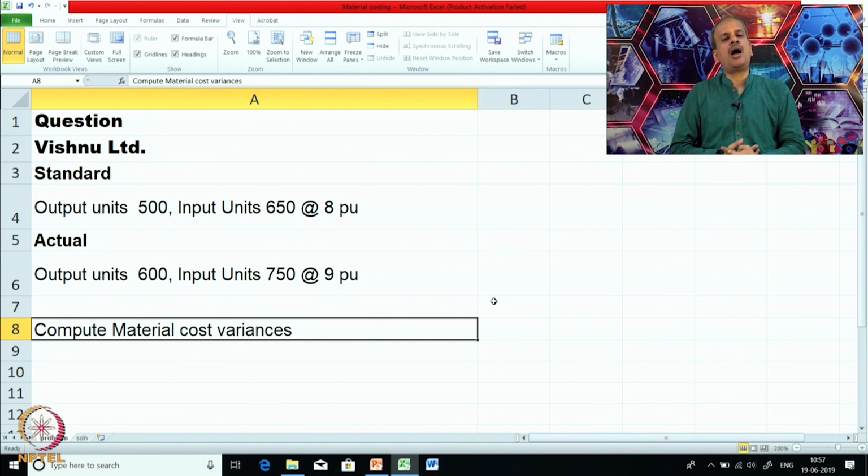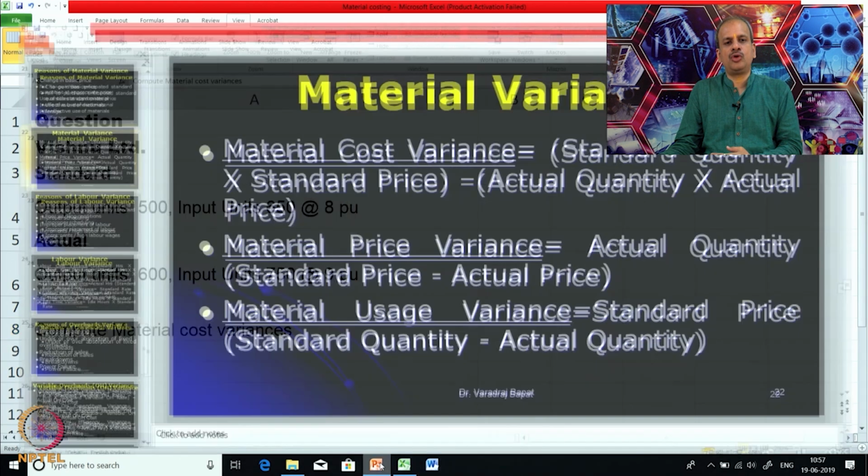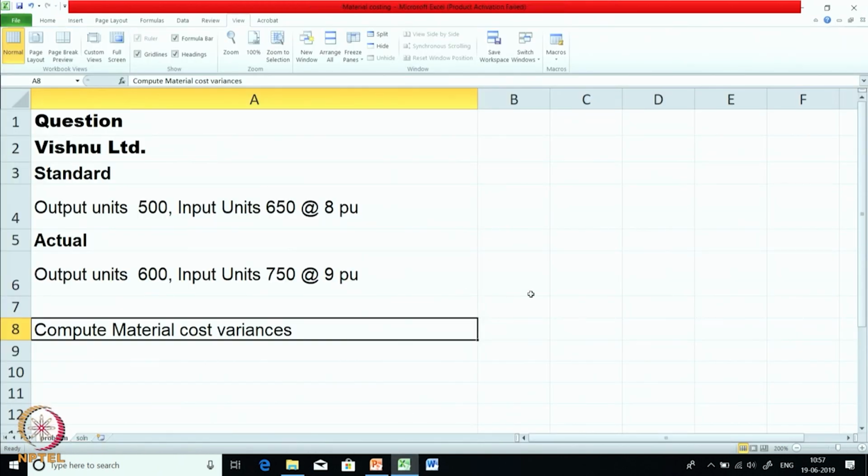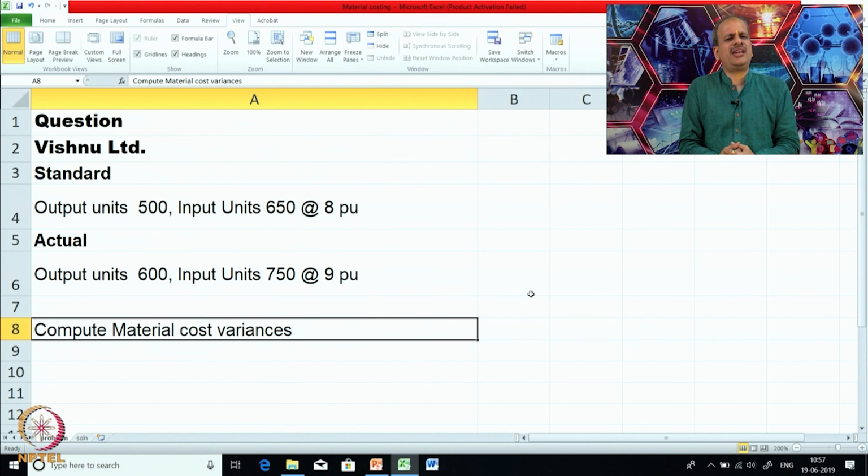Now tell me, how will you proceed? If you want, once again I will show you the formulas. We have to calculate these three variances: cost, price and usage. Now have a look at the case, very small, just 3-4 items.